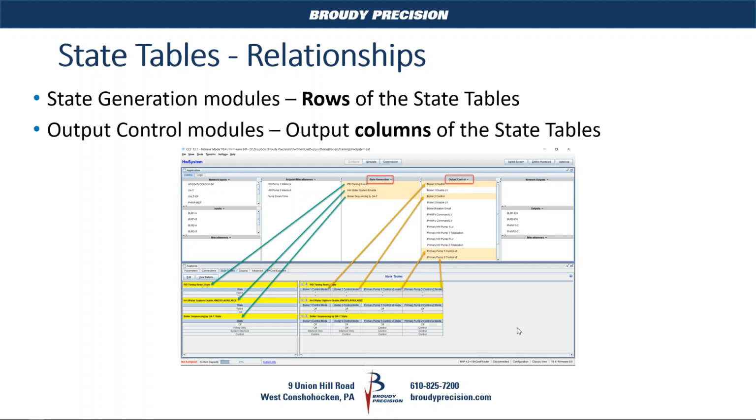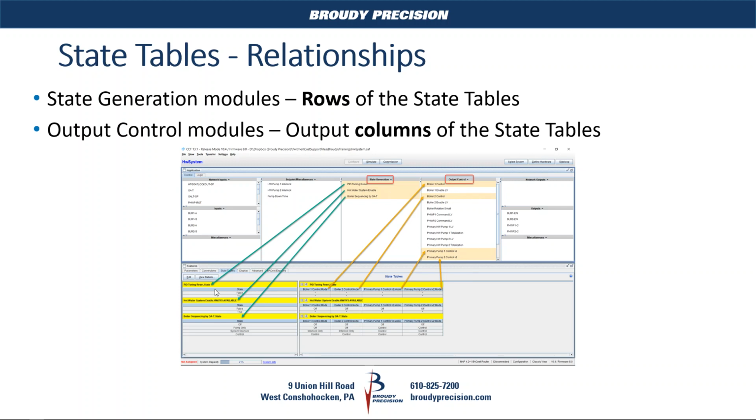So on the state table itself, you'll see that the rows of the state tables are actually then the output or the state of the state generation modules listed up here. And the outputs, the columns of the state table, represent the output control modules that are associated with them over here to the right of the state generation modules.